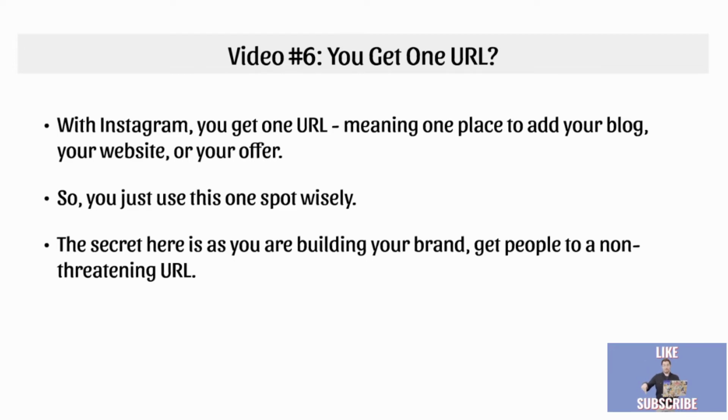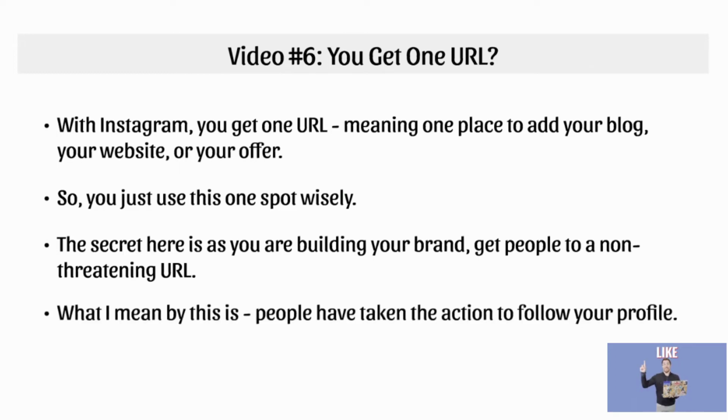Because you're building a brand, you still want to brand yourself. You don't usually want to just direct people to a sales page. People have taken the action to follow your profile, but they're still getting to know you, right? They're still trying to build that identity, build that relationship with you. So you still need to gain their trust.